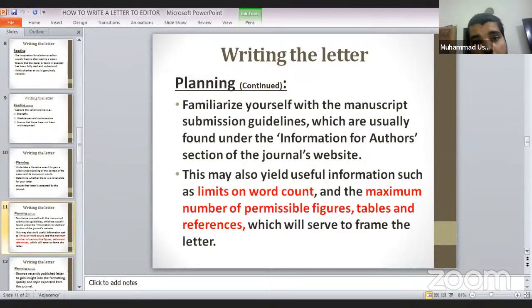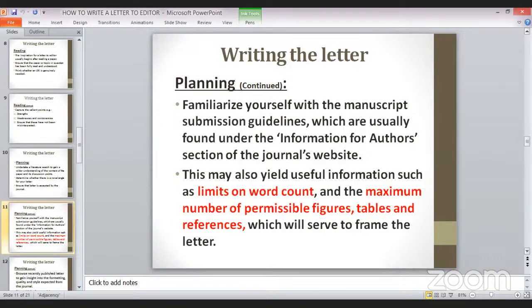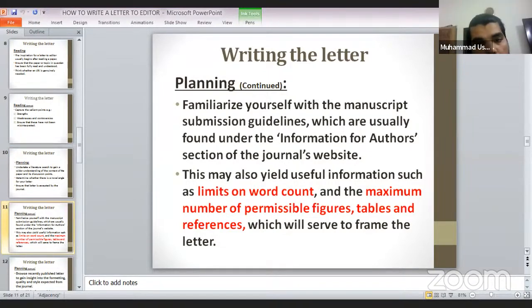And then you should be familiarizing yourself with the manuscript submission guidelines. Almost each and every journal has a section on its website known as information for authors, in which they describe all the requirements, like how you should formulate an article, how you should arrange the references, which style of references you should use, whether Vancouver, AMA, or any particular style, how many references you should be citing, and how many figures or images you can incorporate in your article.